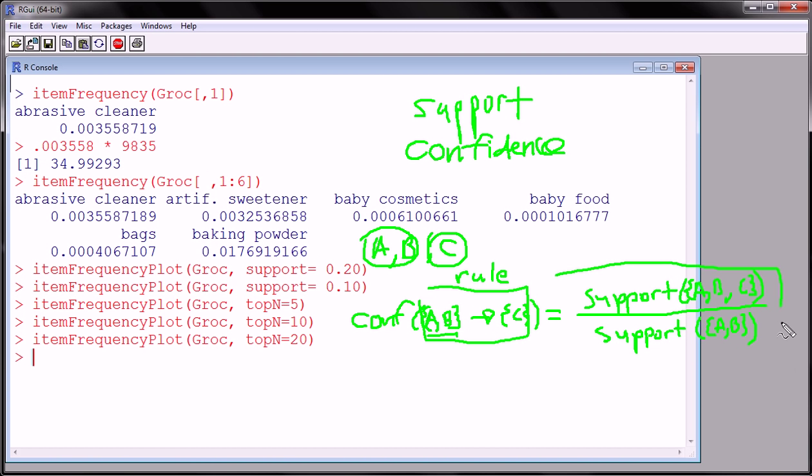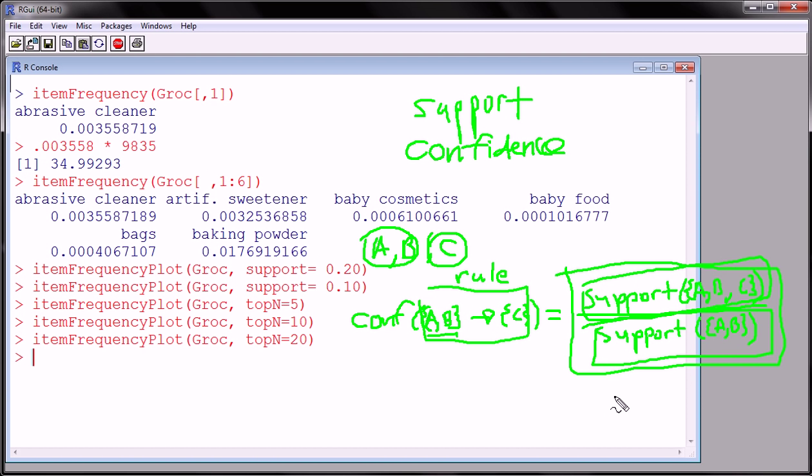That's what's going on here. To get that, we apply the support of ABC over the support of just AB.